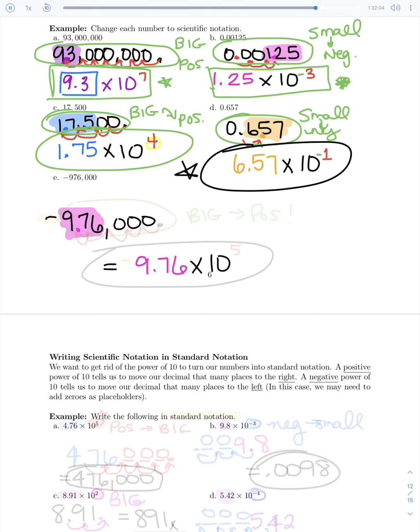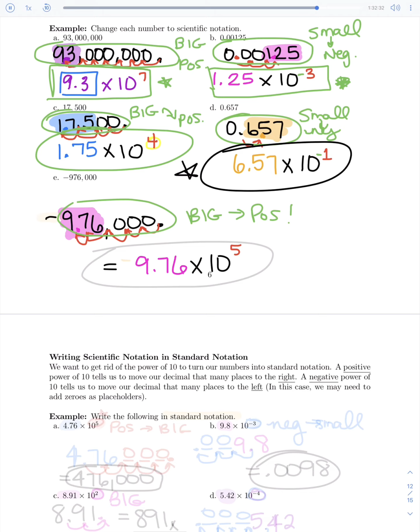times 10 to the, well, how many places did you have to move the decimal? Well, normally it starts at the end of a number, so we'd have to move it 1, 2, 3, 4, 5 places, and ignore the negative. What kind of number is this? It's a big number, not a small decimal, which means that the exponent needs to be positive.